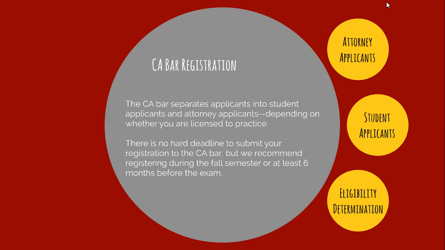Unlike New York, California does not have a hard deadline, but we recommend, if you're planning to sit for the July exam, to really send in all of your documents and get the process started sometime in the fall semester, or at least 6 months before the exam. And this will give you enough time to make sure each step is completed and you're not kind of anxiously awaiting your determination when the registration opens.